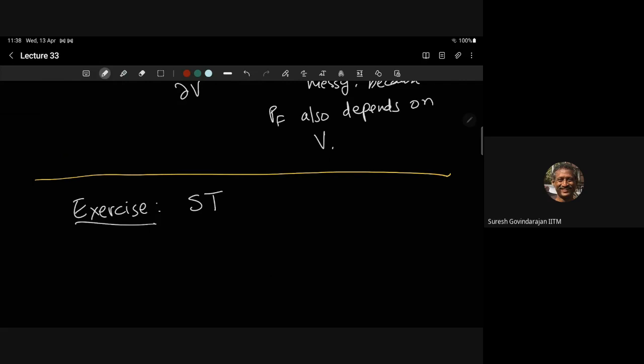Show that P equals 8 pi by 3h cubed, the integral from 0 to PF of mc square.